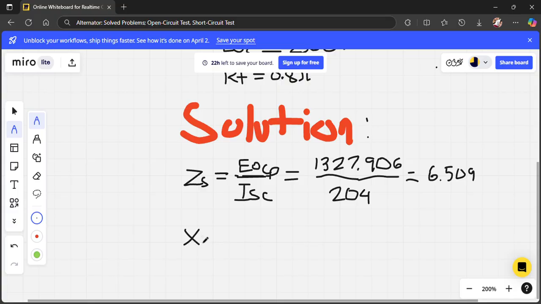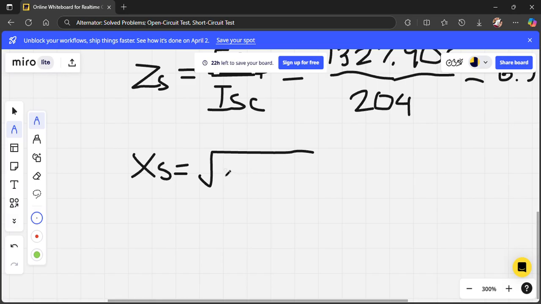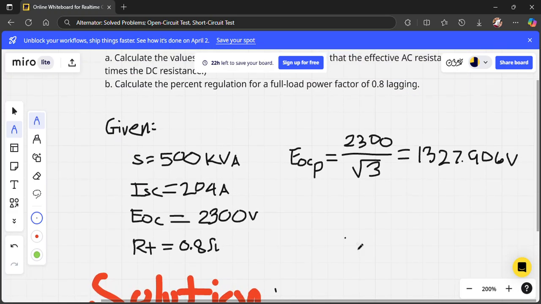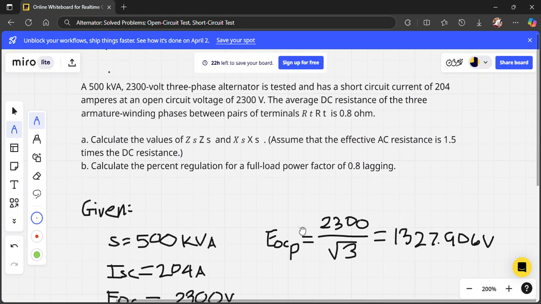XS is equal to the square root of the synchronous impedance ZS squared minus the armature resistance RA squared. We already have the impedance, and we should have the RA.